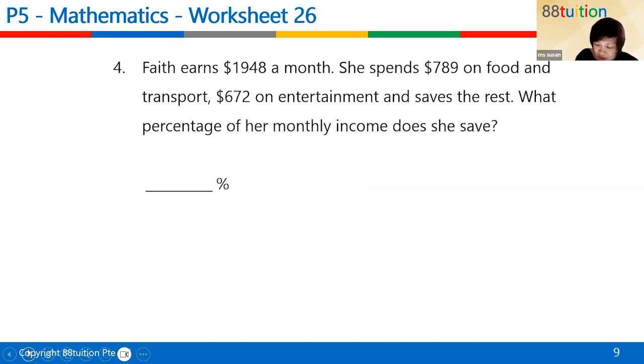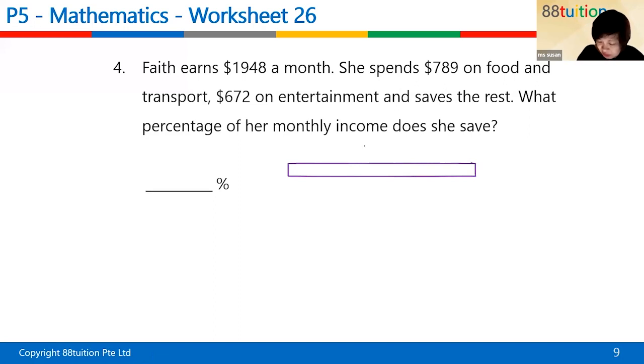What percentage of her monthly does she save? Okay, so let's take a look here. So this is what she has, and then this is what she has spent. So if you were to use model drawing, and then this is break into parts here.